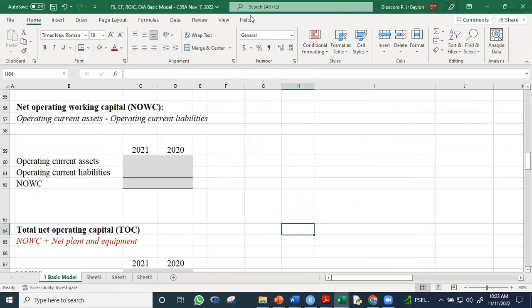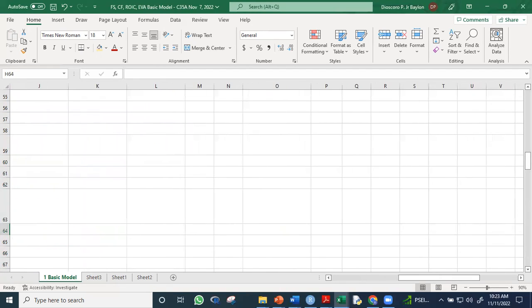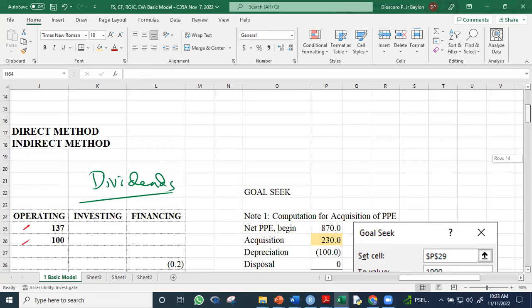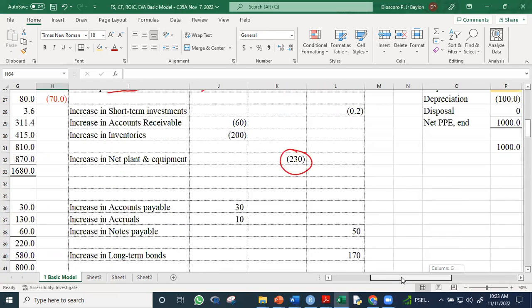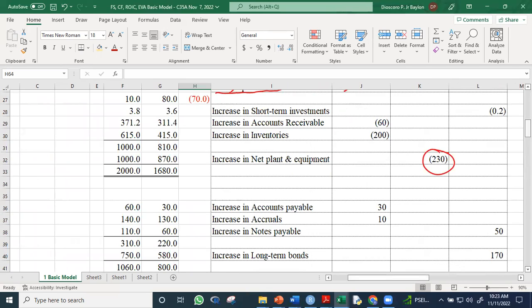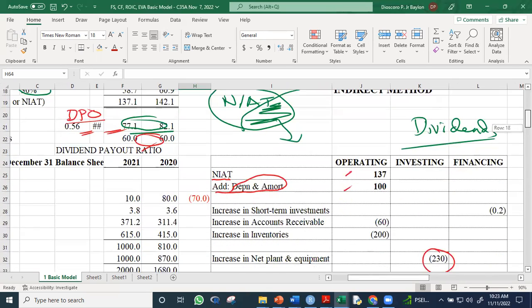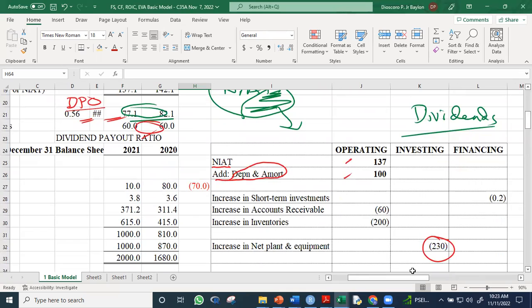Okay, so far, class, clear statement of cash flows. So this will appear in your next exams. So be sure you know how to construct the statement of cash flows. Any questions? Or should I say, is it clear so far, class?